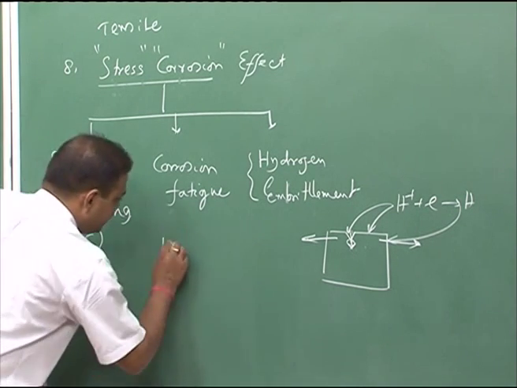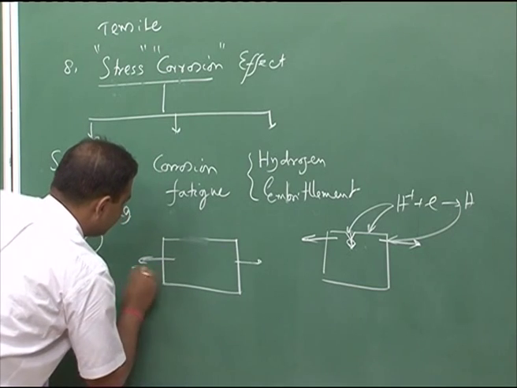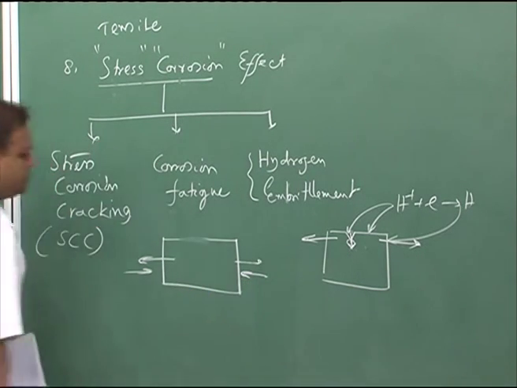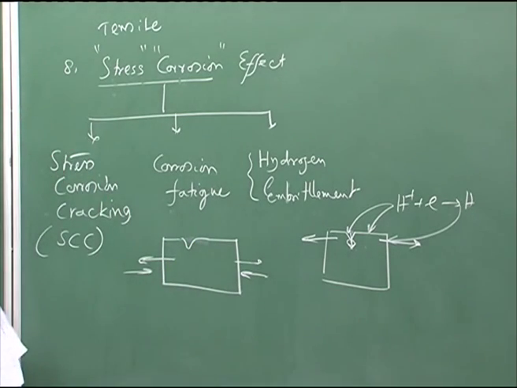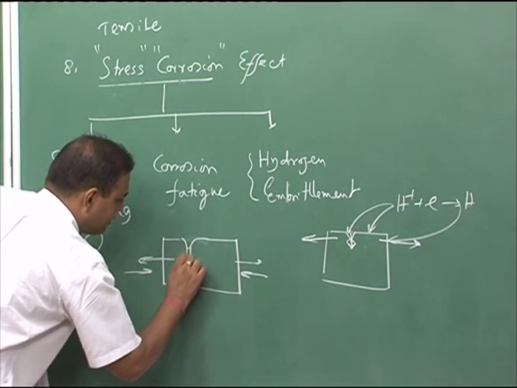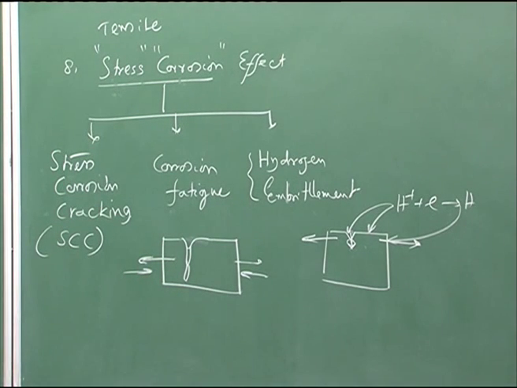Corrosion fatigue happens when, let us say, the stress component is alternating, and a small crack is forming due to corrosion, and that crack will gradually grow, and finally it will lead to a catastrophic failure.